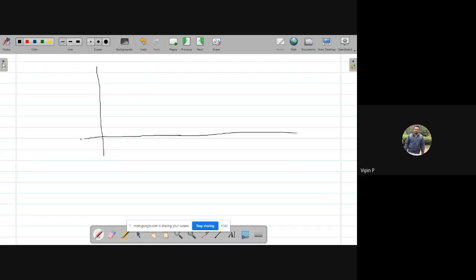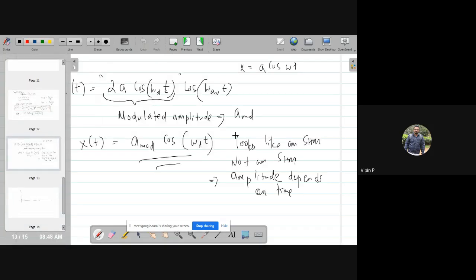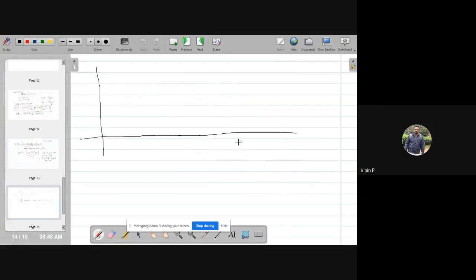One more thing that I want to specify here is omega average. I'll write it on the next page. So we have two frequencies over here. One is the omega mod, which is defined as omega 1 minus omega 2 divided by 2. And I have another one, omega average, which is equal to omega 1 plus omega 2 divided by 2.